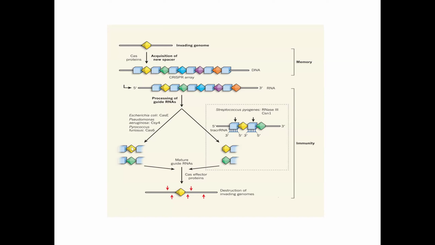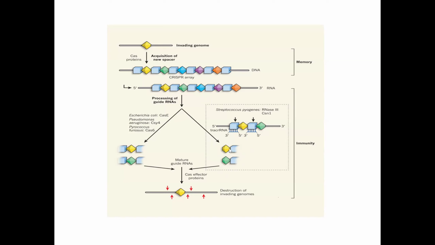Finally, you end up with an RNA like this, which has one spacer and one repeat. So this long CRISPR array, upon transcription, forms a long CRISPR RNA molecule, which is processed by bacterial enzymes to produce these repeat-spacer motifs.